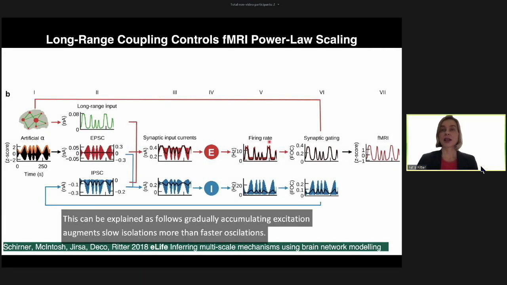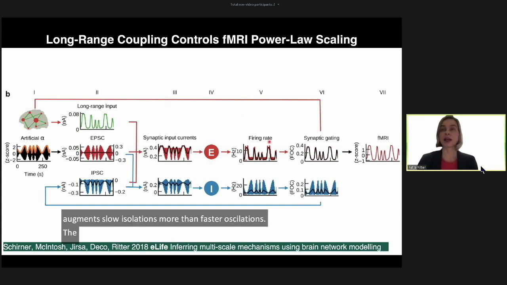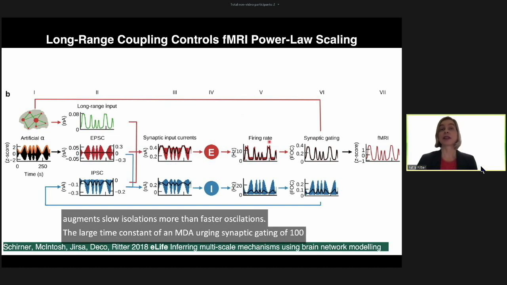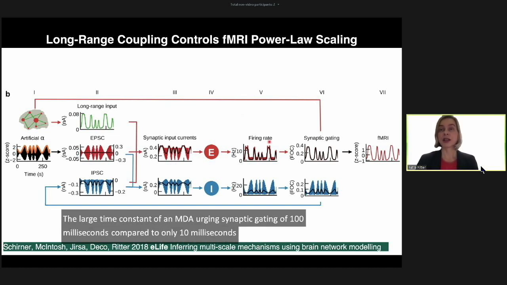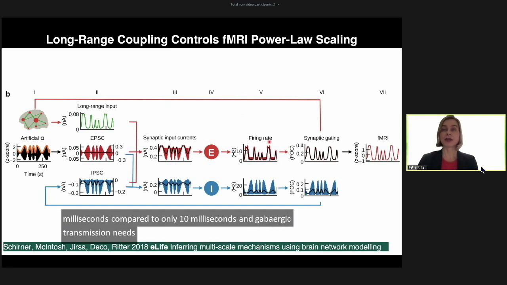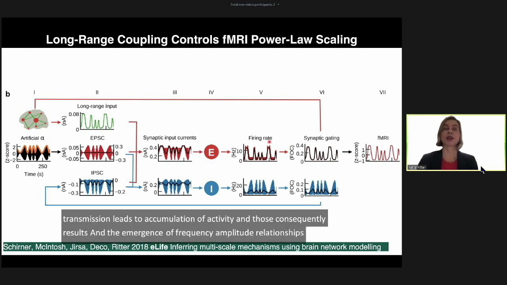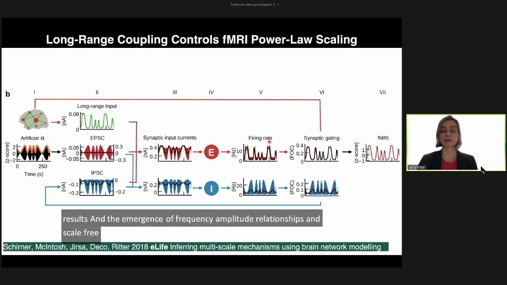The large time constant of NMDA-ergic synaptic gating of 100 milliseconds compared to only 10 milliseconds for GABA-ergic transmission leads to accumulation of activity. And this consequently results in the emergence of frequency-amplitude relationships and scale-free fMRI power spectra.